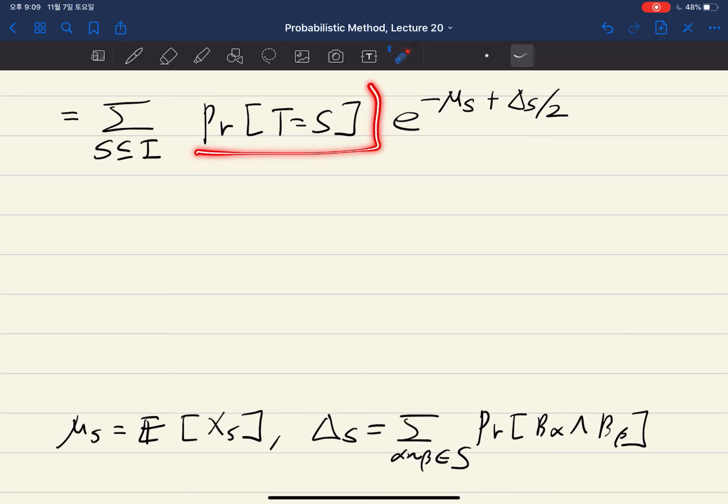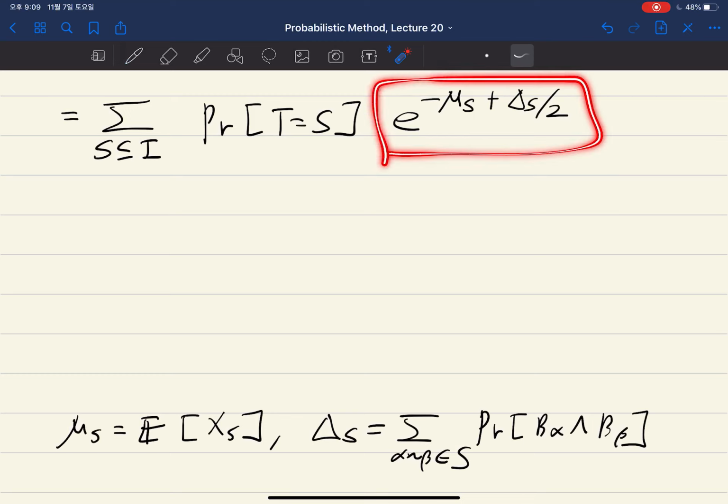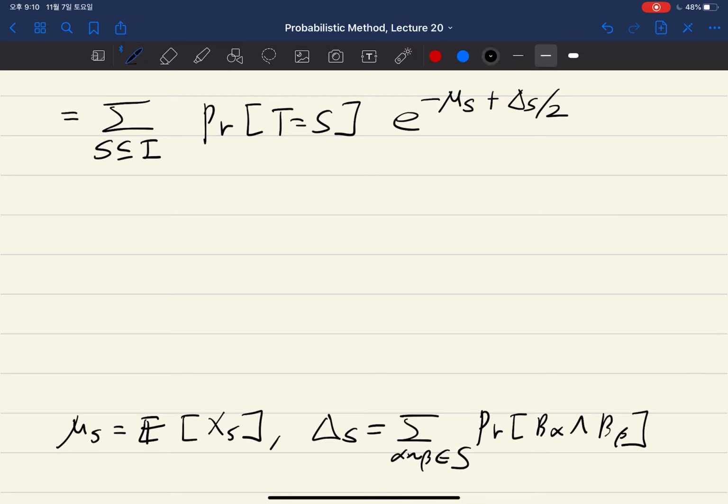And what's this probability? If you add up for all S, that adds up to 1. So we have certain numbers, e to the, say, gamma_i and delta_i, summation i from 1 to some number t.